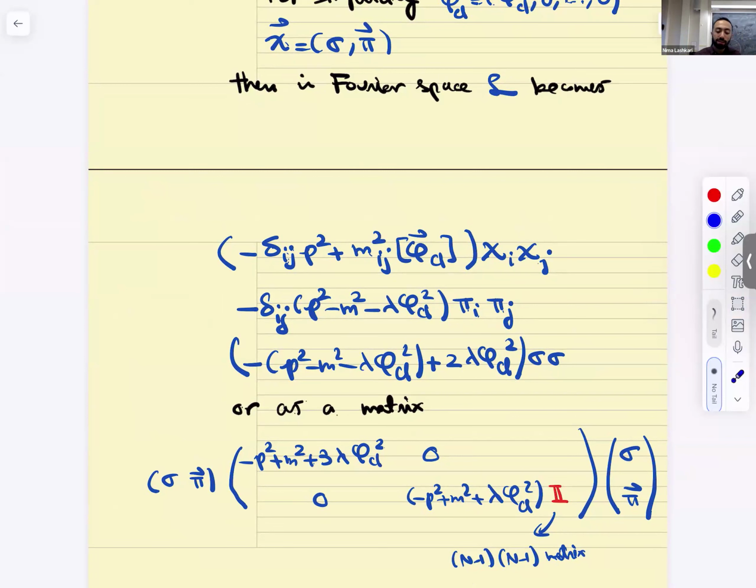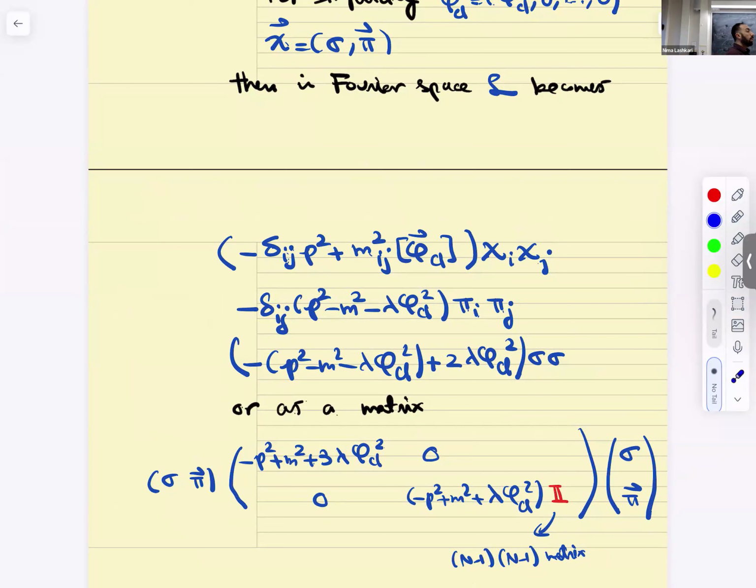So let me just summarize what we're doing. I said with the O(N) model, we said that this theory is going to describe our critical point where the 1-point function of the field is non-zero.